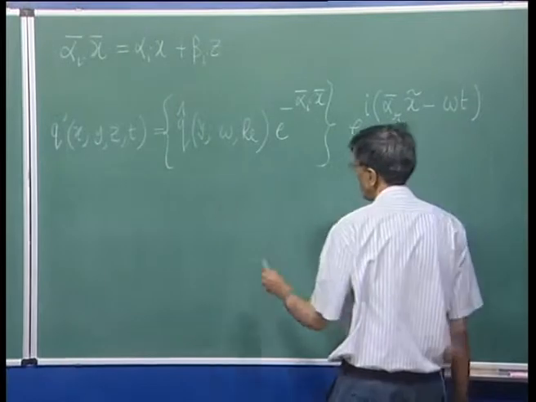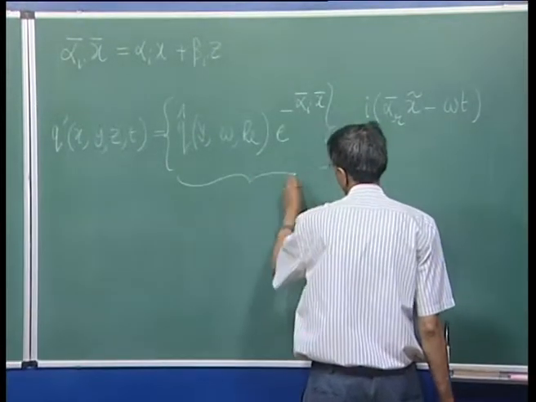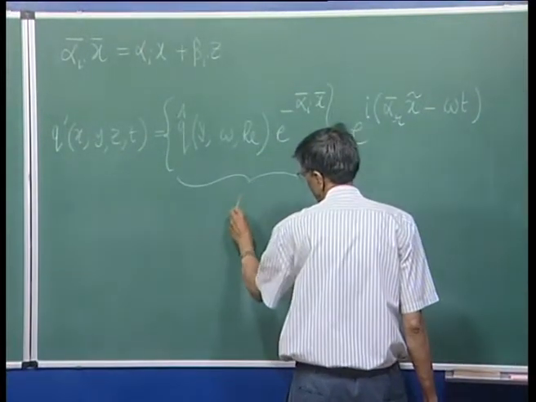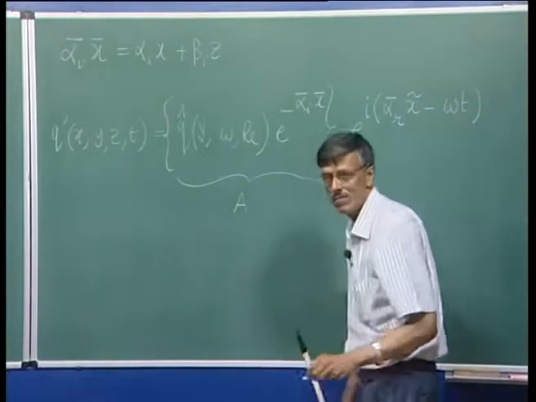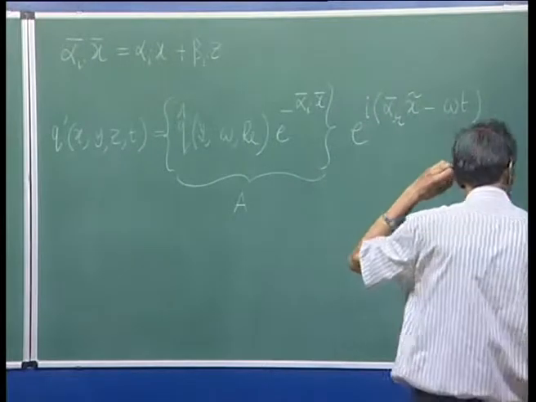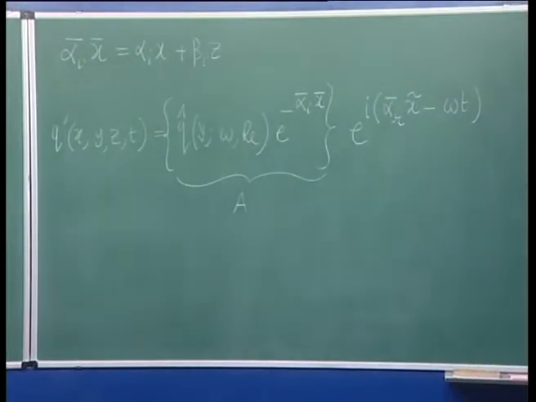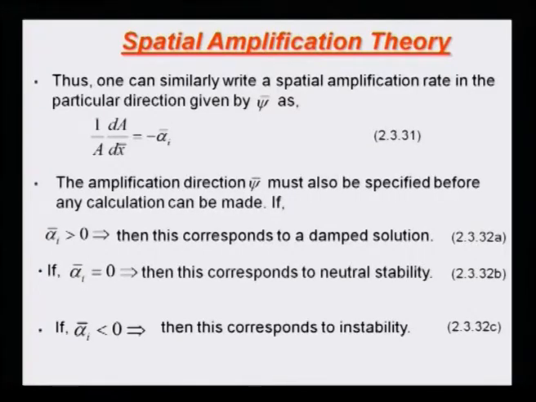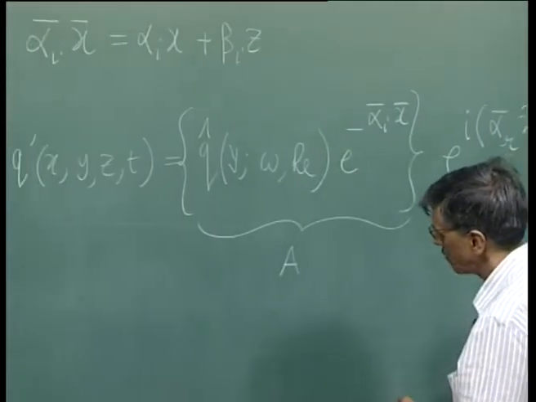Once again, we can call this the amplitude, right? This is the amplitude part. So, we have gotten an amplitude which gives us this kind of dependence.